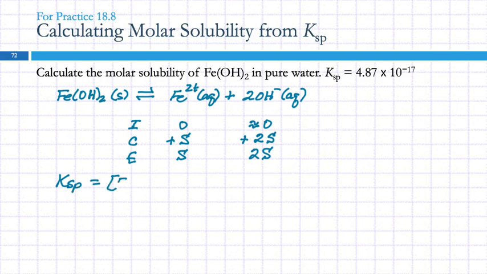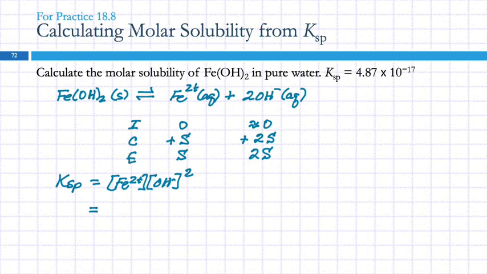KSP equals Fe2 plus concentration times the hydroxide ion concentration squared, right? We didn't run into a lot of that when we were talking about acids because most of them are monoprotic.